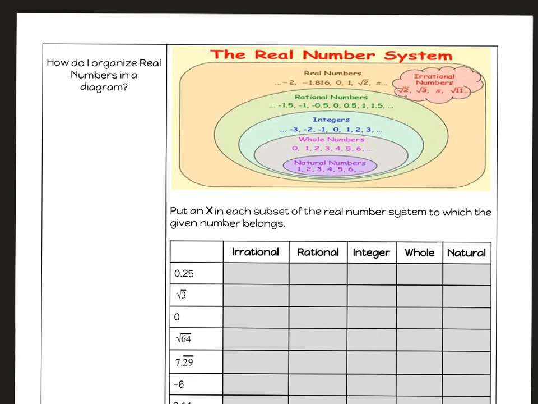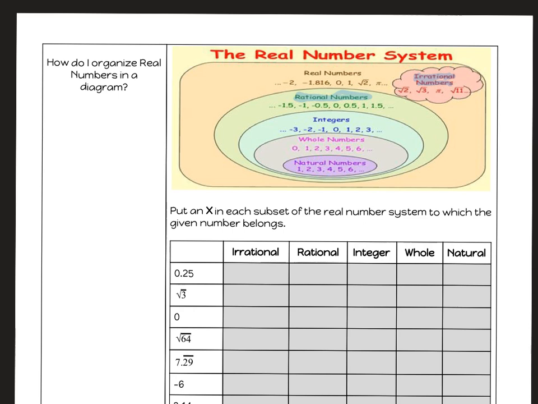All right, y'all, so this is the visual representation that I was talking about earlier. This is how we can organize the real number system in a diagram. As you can see, the real numbers are an umbrella term for our numbers. Then we divide them up into two different sections, the rational numbers and the irrational numbers.